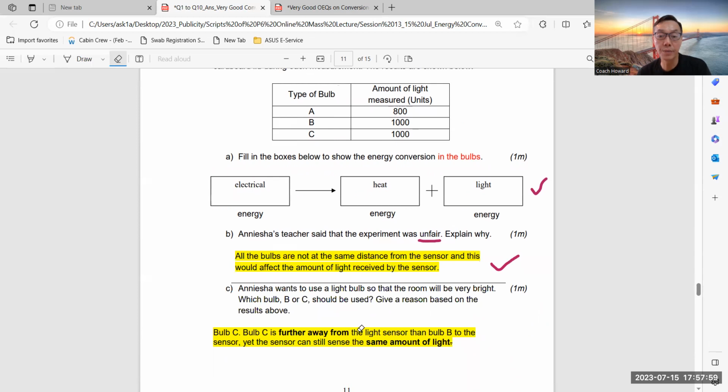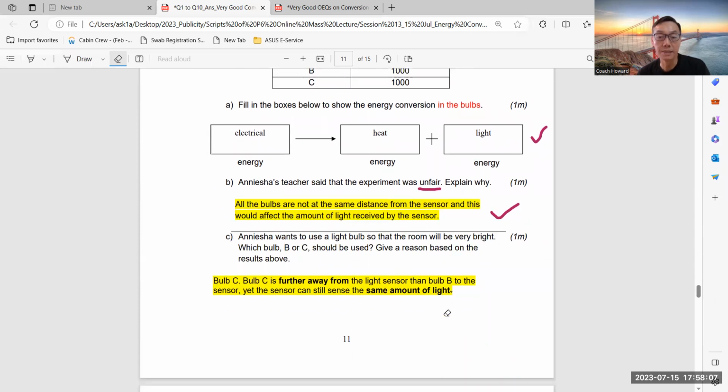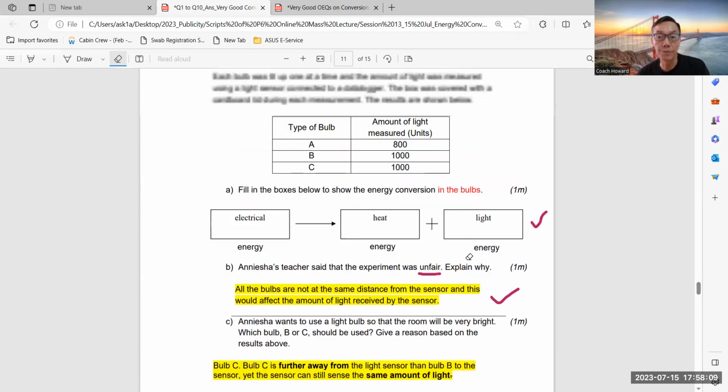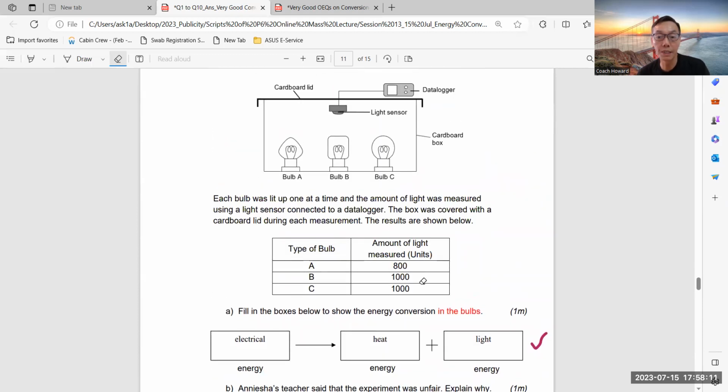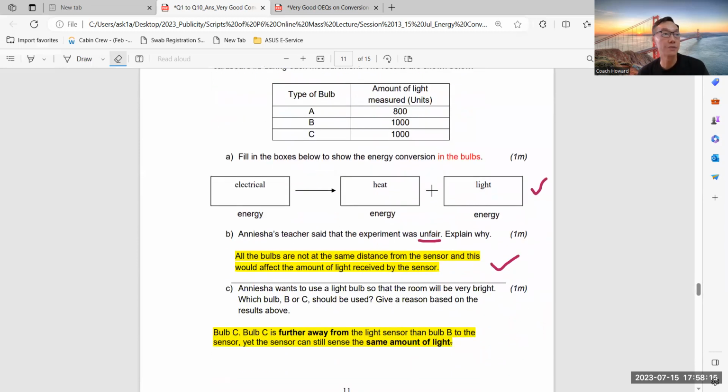Bulb C is further away from the light sensor than bulb B is, yet the sensor can sense the same amount of light. So you compare B with C because both register 1000, but C is further away. So that's the reason for this question.